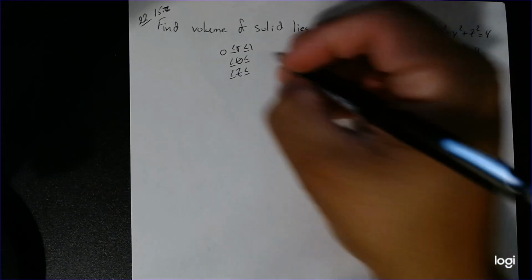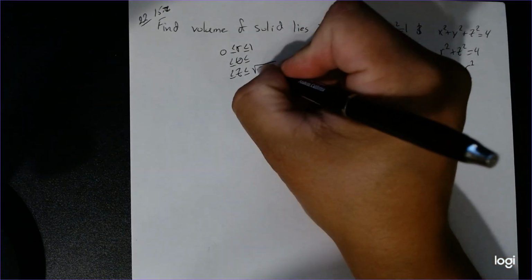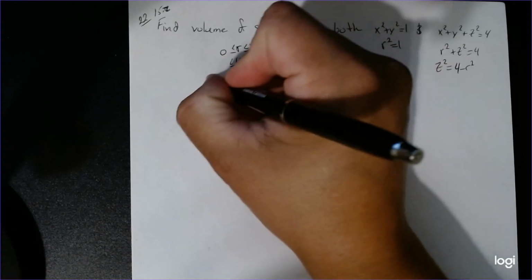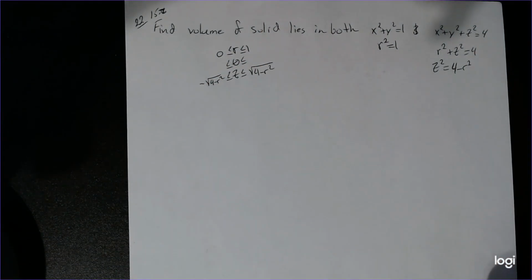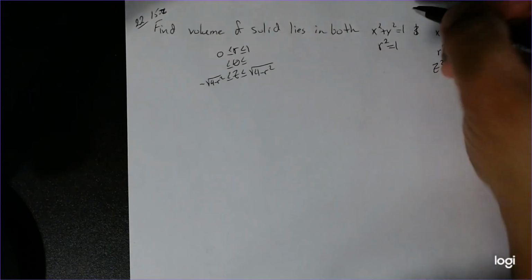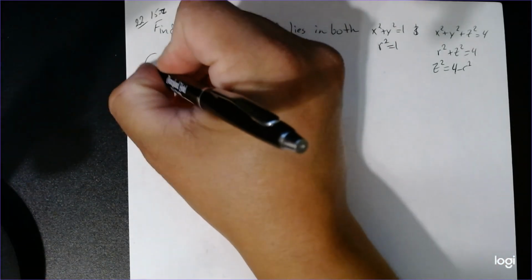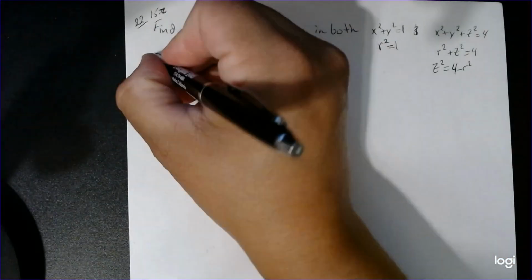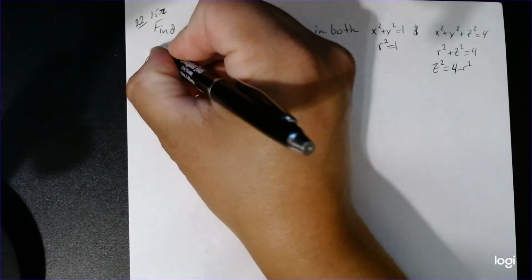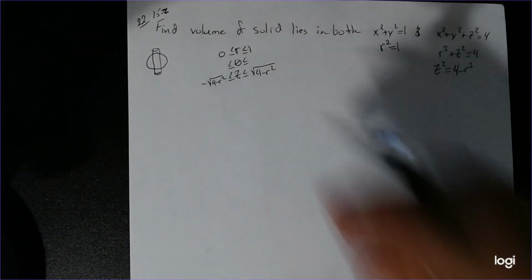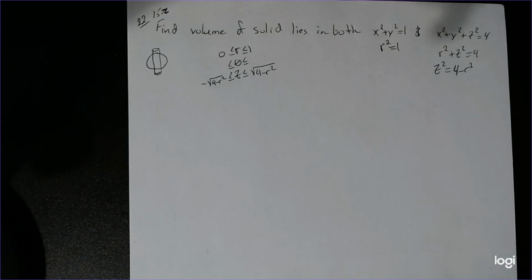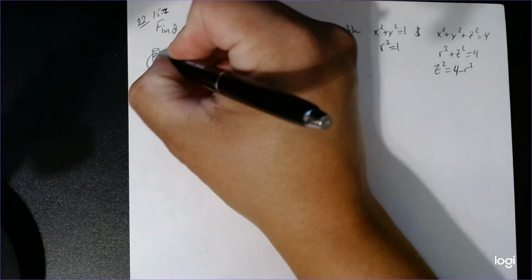If we take the square root, z is bounded between the plus or minus of the circle. Since this is a cylinder, basically I have a sphere, a ball, and I have a cylinder. So I'm looking for that portion there, which lies within both the cylinder and the sphere. So all of this stuff right here.